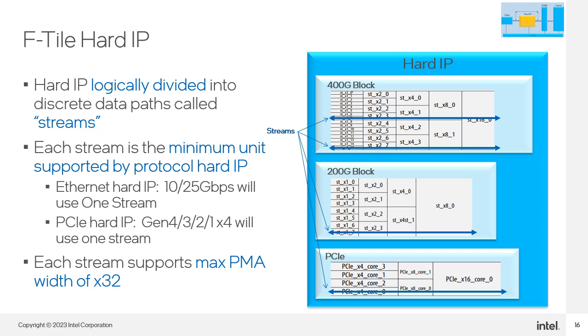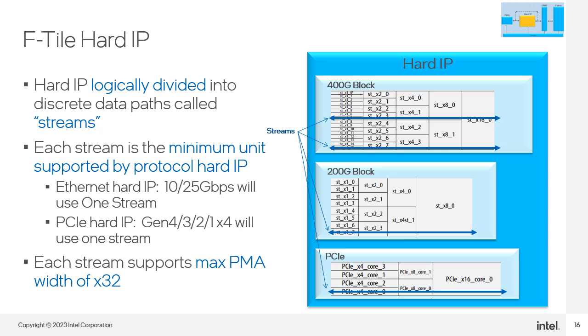For the PCIe hard IP, one stream supports a by 4 implementation of a Gen 4, 3, 2, or 1 PCIe controller. Thus, the 400G hard IP has 16 streams, the 200G hard IP has 8 streams, and the PCIe hard IP has 4 streams.